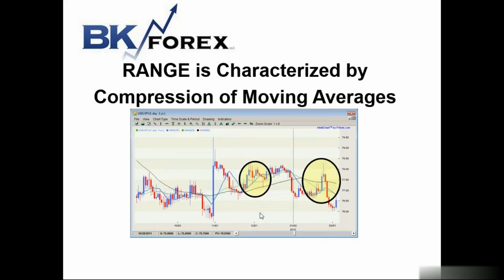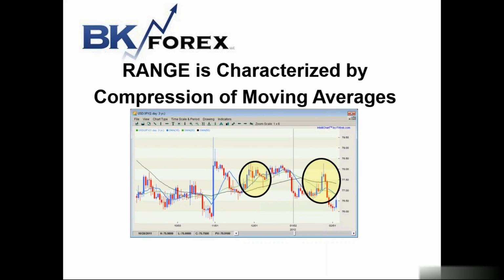Range is also characterized by a compression of moving averages. The reason why we're starting with this is because I think it's essential to understand how to identify the market that we're in in order to identify the technical indicators to use.